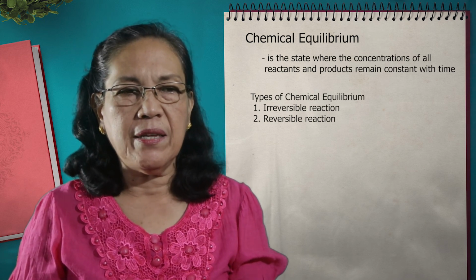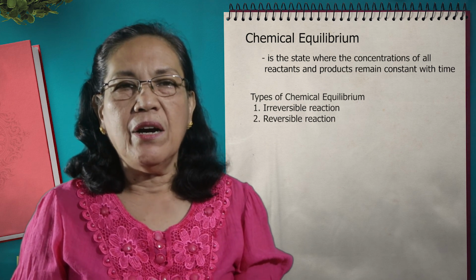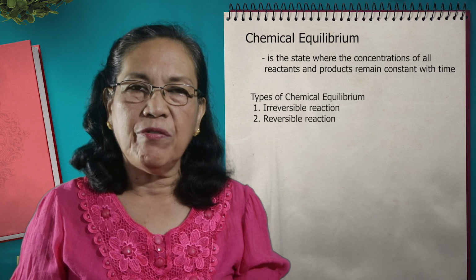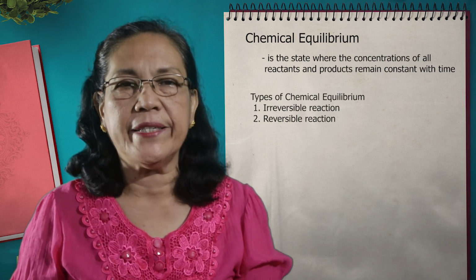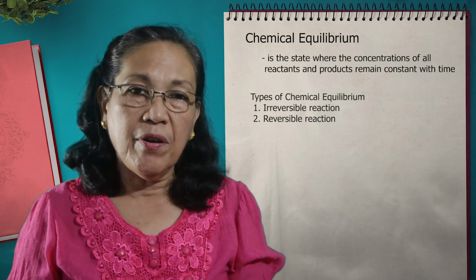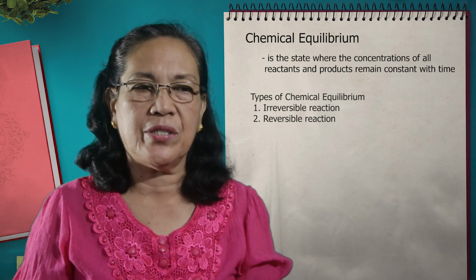Another is the formation of hydrogen iodide gas. When hydrogen reacts with iodine gas, it forms hydrogen iodide. And this hydrogen iodide gas can form back the hydrogen and iodine gases.